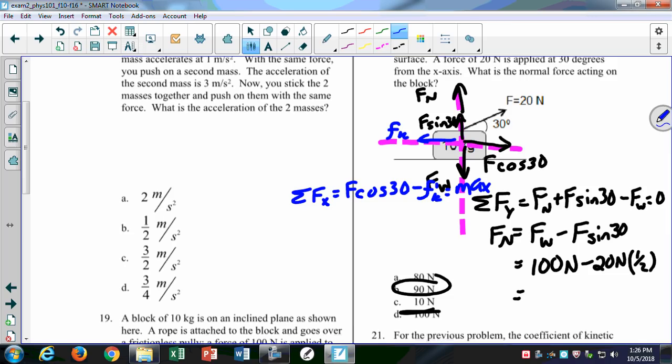I know F, and I know m, and I want to know a, but I don't know the kinetic friction. But I can find it easily. Fk is equal to mu k times the normal force, so that's 0.1 times the normal force, which we just found to be 90. So it's equal to 9 newtons. And F cosine 30 is 20.